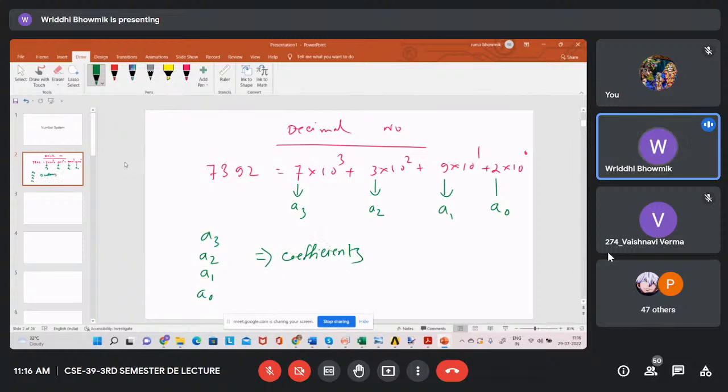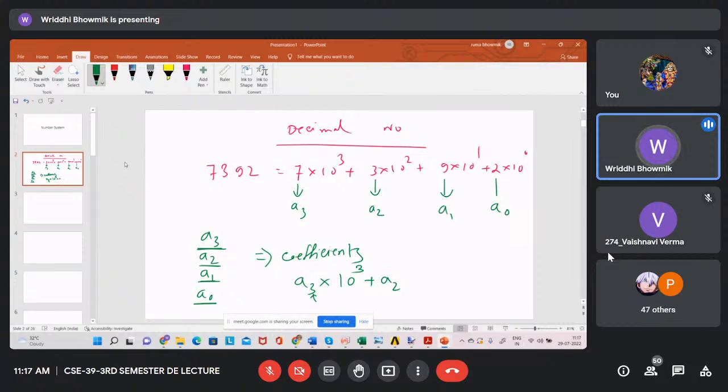What you are doing is actually multiplying the coefficient with the power of 10. And this suffix is actually defining the position of the coefficient. This is the 0th position, this is the first position, this is the second position, and this is the third position. So A3 will be multiplied by 10 cube because A3 is at position number 3.